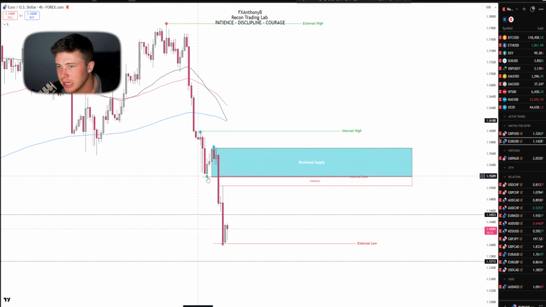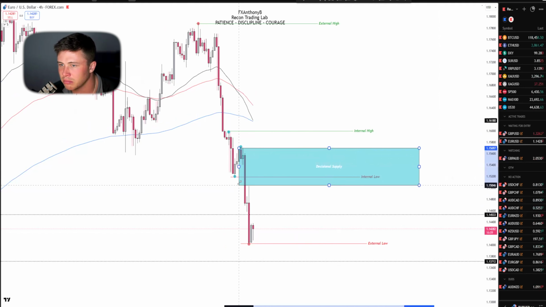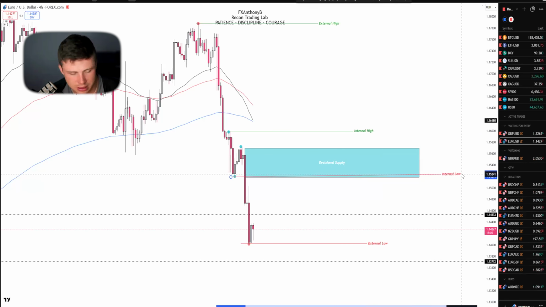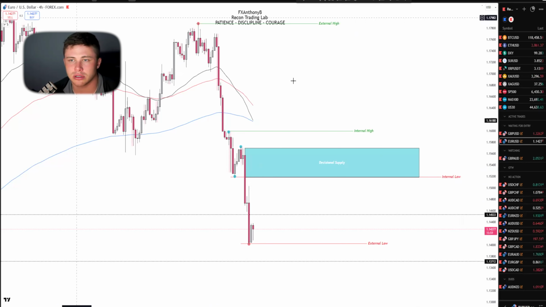And it's actually going to tag in deeper into the decisional, or at least into the decisional, because it's an internal low, and it's the decisional supply and there's liquidity in here. So that's why I don't mark the imbalance on this one. You totally could and run it big like this. But I think this is just fine how I'm marking it. So again, internal low is right there. We have blue dots, internal structure.